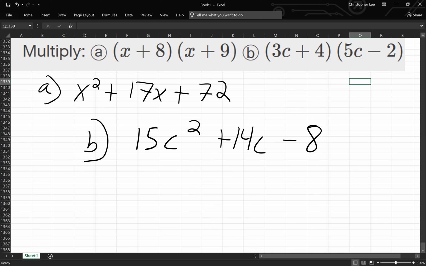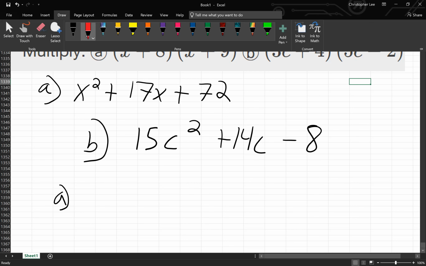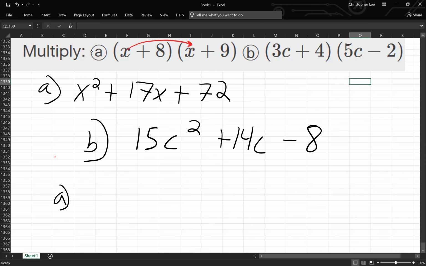So for A, right? I gotta distribute these. So first thing I want to do, x times x, right? That's gonna give me my x squared. The next thing I want to do, x times 9, that's gonna give me my positive 9x. Then I want to do 8 times x, which is gonna give me my positive 8x.